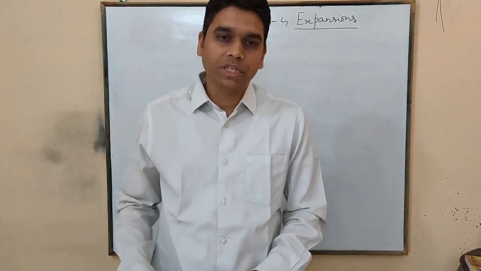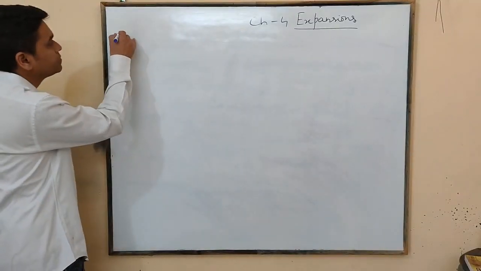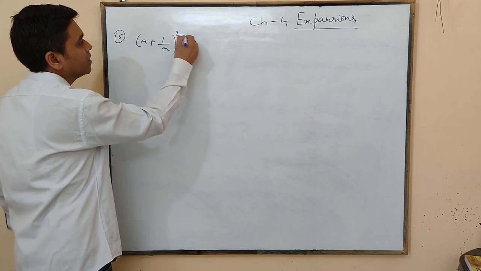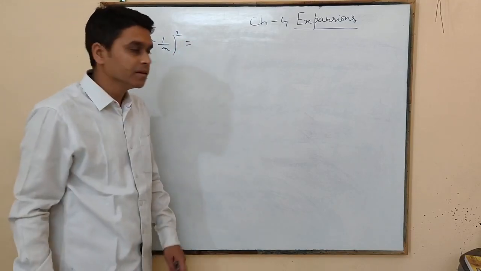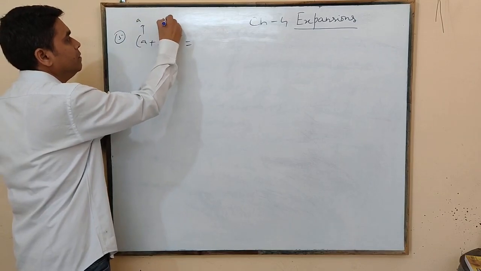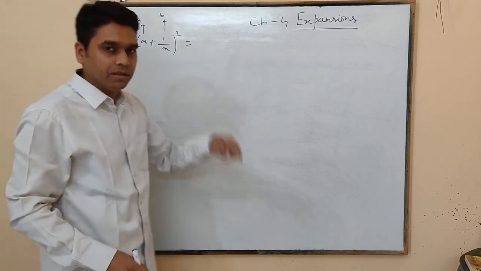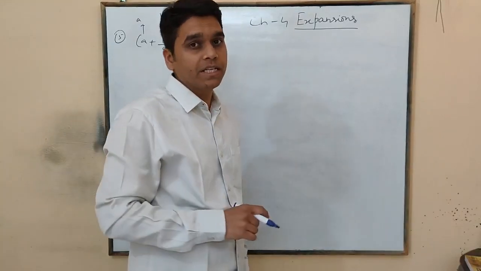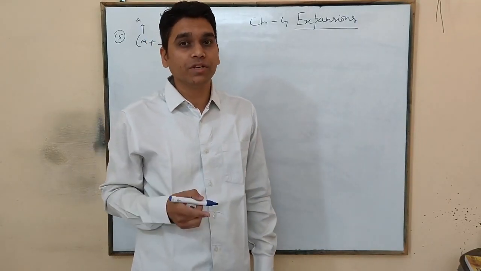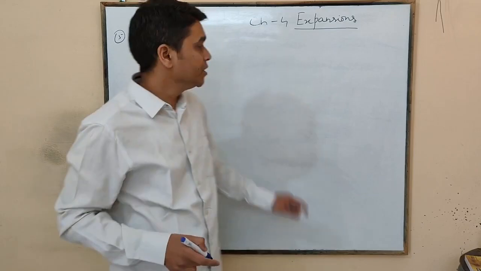Now check some more formulas. Formula number 5. This is a plus 1 upon a whole square. Suppose this is a and this is b. So the first formula is a plus b whole square is a square plus 2ab plus b square. Use this.